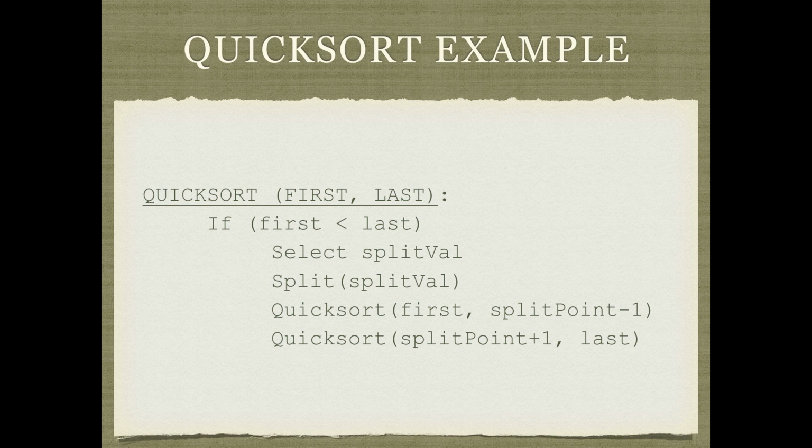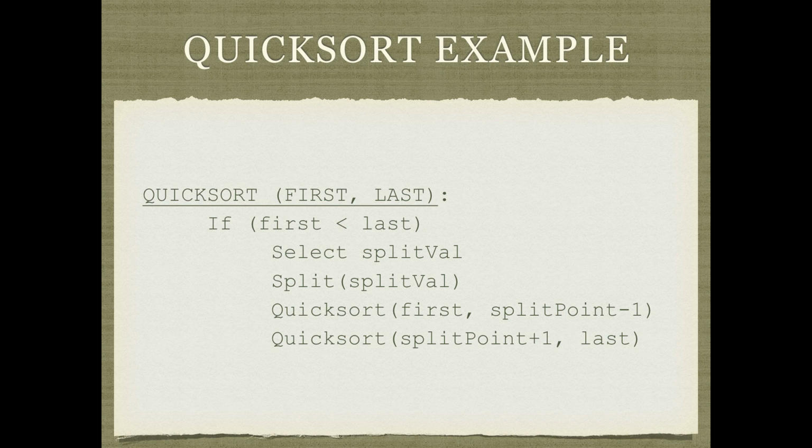It's not going to be the halfway every time, but it is at least the point where we're going to split the array for further sorting. So we select the value that we're going to split on. We're going to split according to that value. This returns the index of that value, which we call the split point.